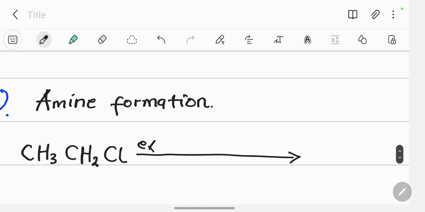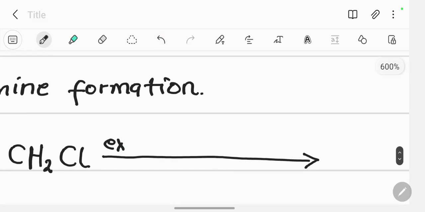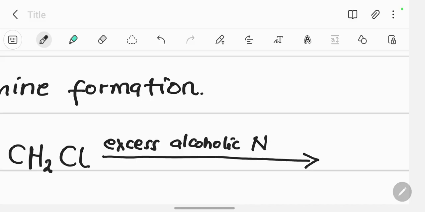We are going to use excess alcoholic ammonia, and heat in a sealed tube.